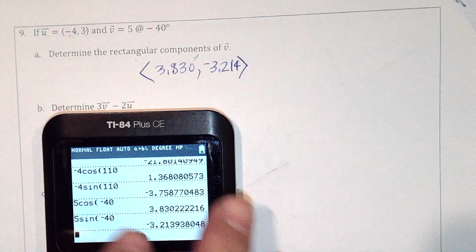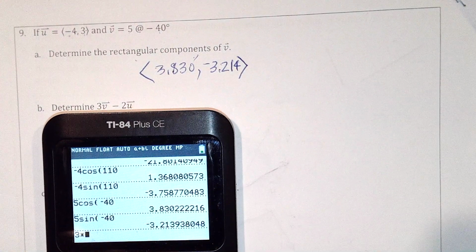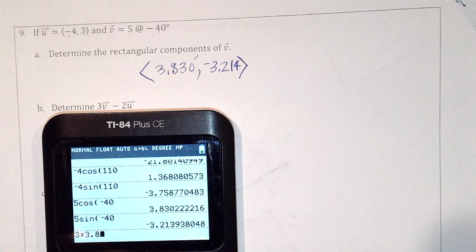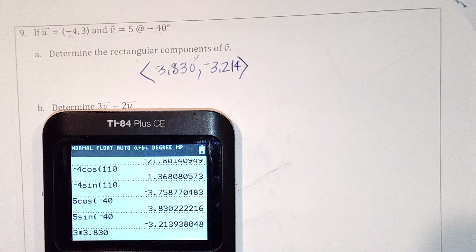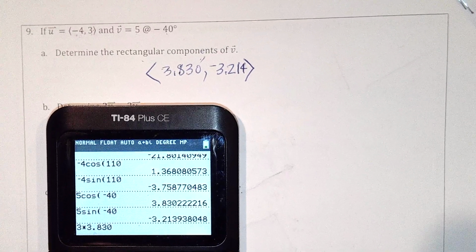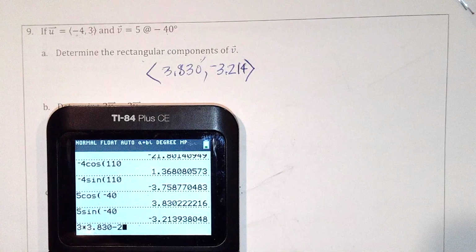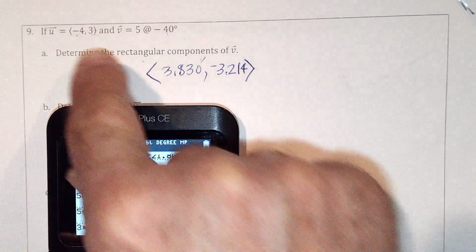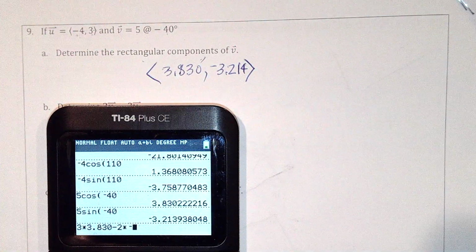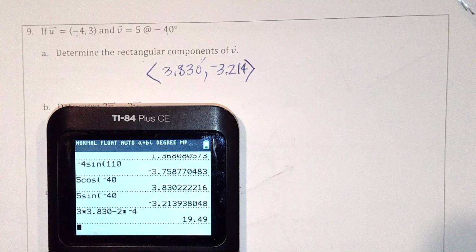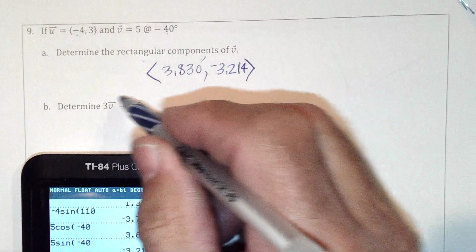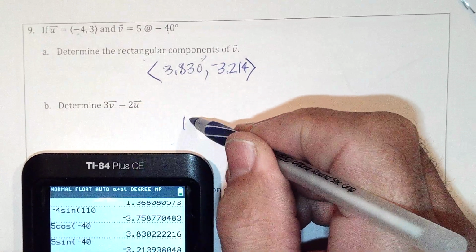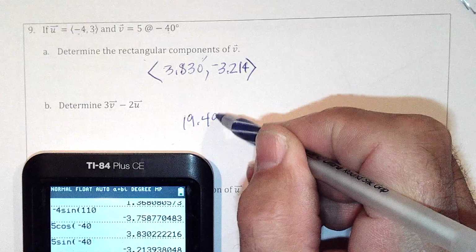So I'm going to do 3 times 3.830 minus 2 times negative 4. And I get an x component for this new vector of 19.49.